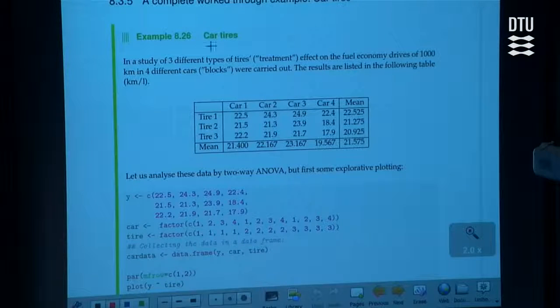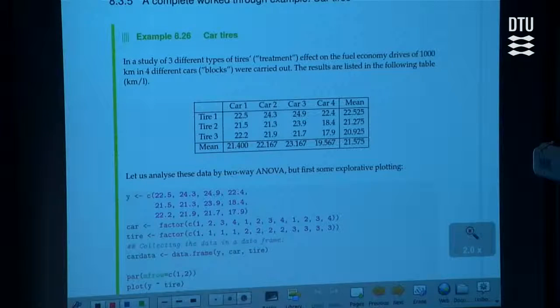So here's another example. 3 different types of tires, which are called the treatments, are actually tested on 4 different cars, which are defined here as the blocks. The main focus is the comparison of the tires, right?